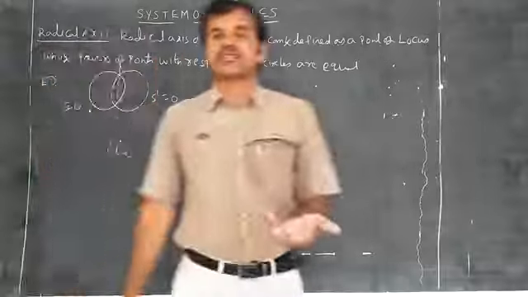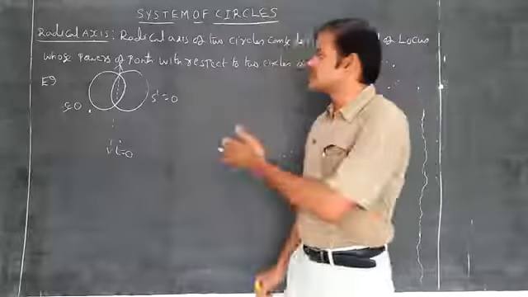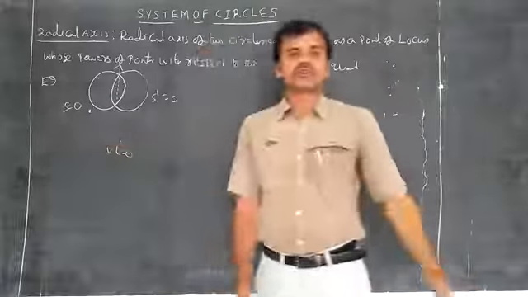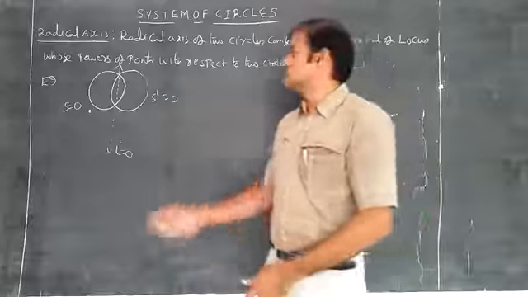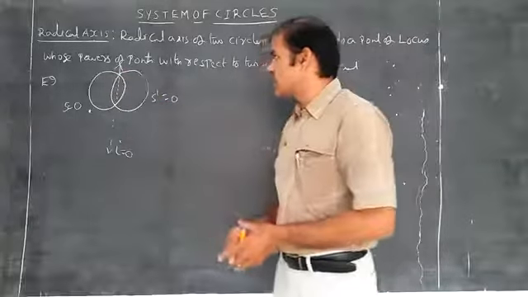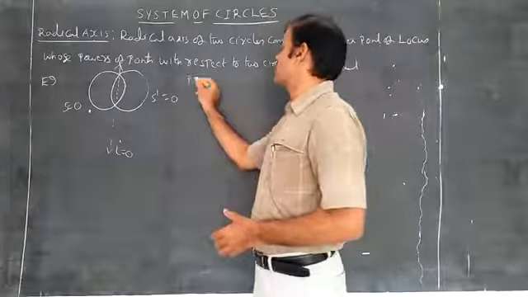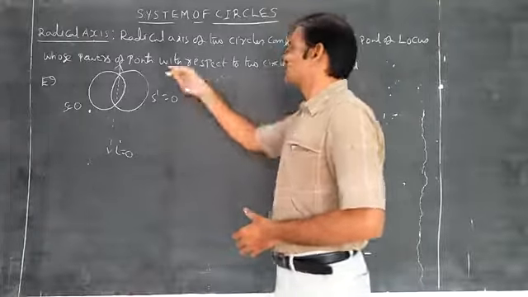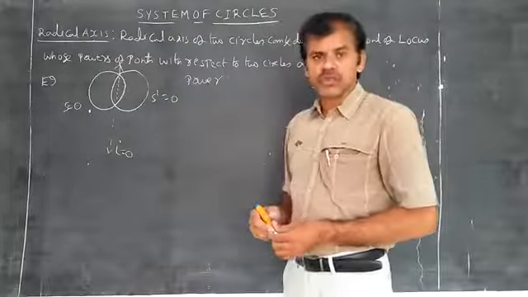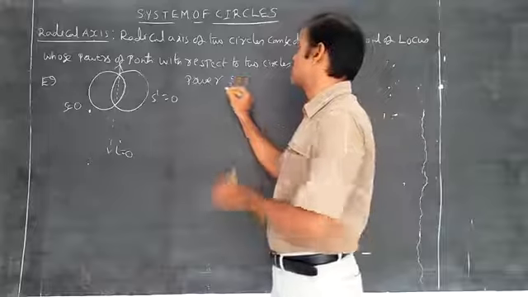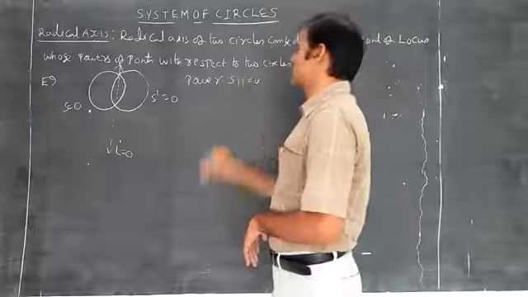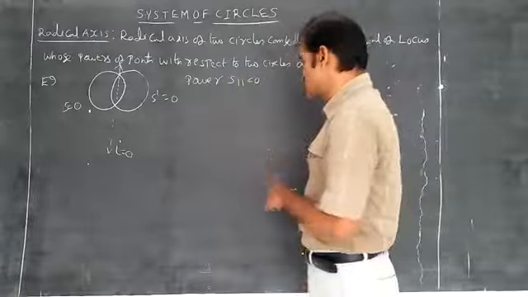So all these points lie inside the first circle and also inside the second circle, so the power of the set of points is negative, S11 less than 0.